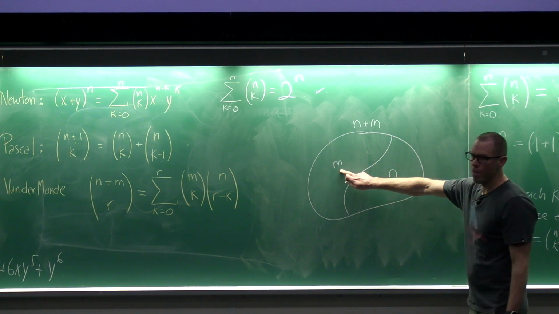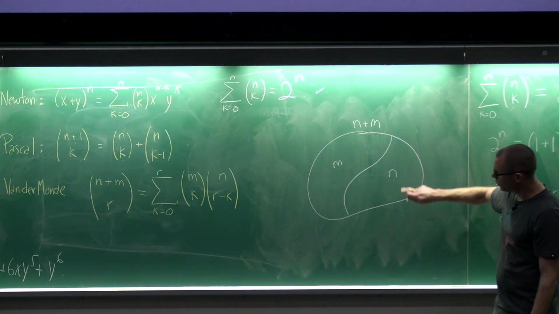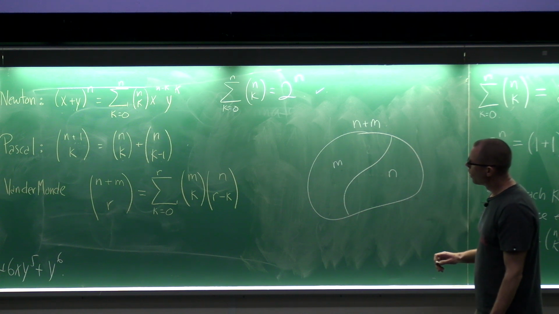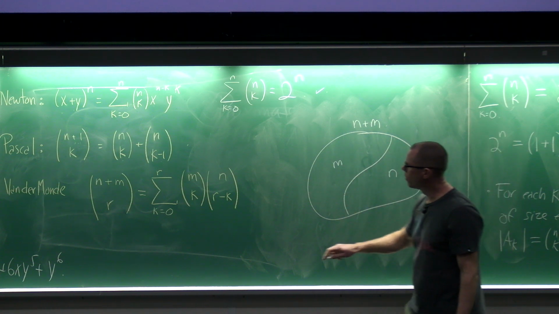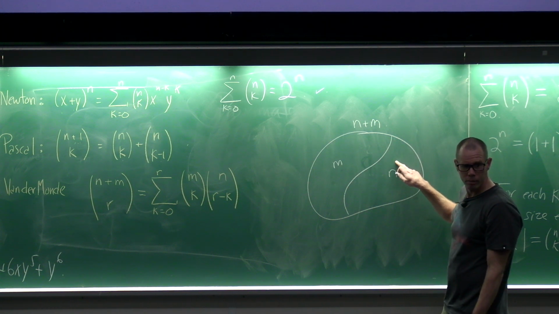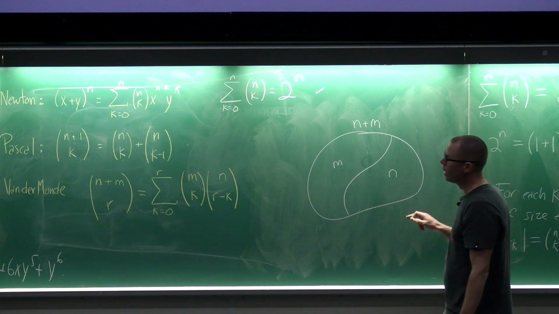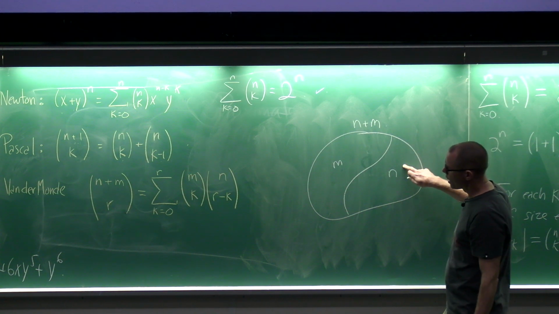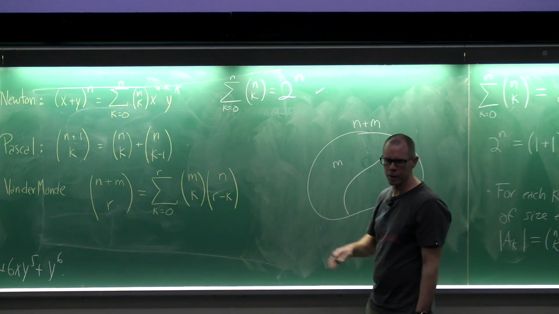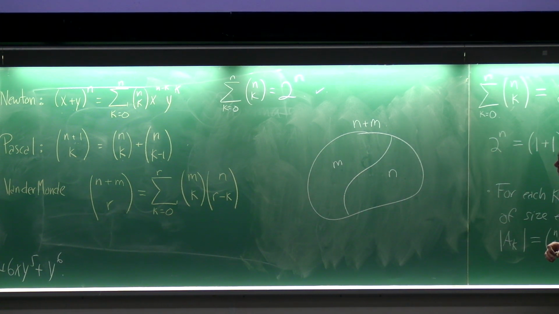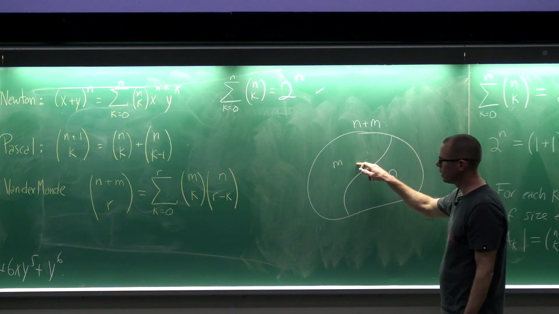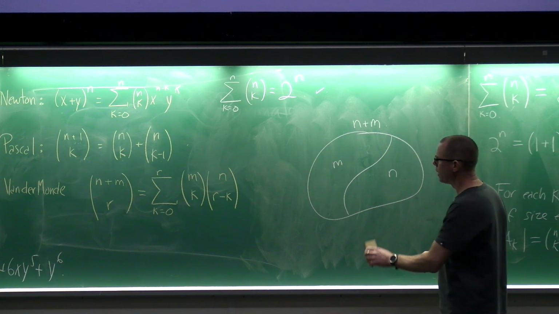One color has size m, the other one has size n. And whenever we take r elements from this set, some number, let's say k of them, are on this side, and some other number, r minus k, are on this side. If we take a total of r elements, then the number on this side plus the number on this side adds up to r, and that's basically the proof of this theorem. You split the sets depending on how many elements of these m they have or not.